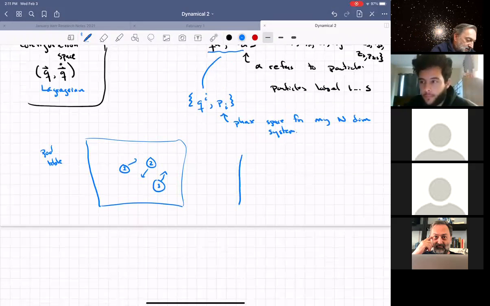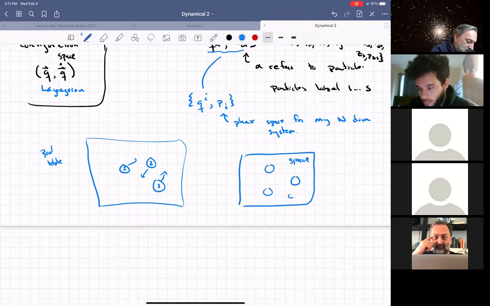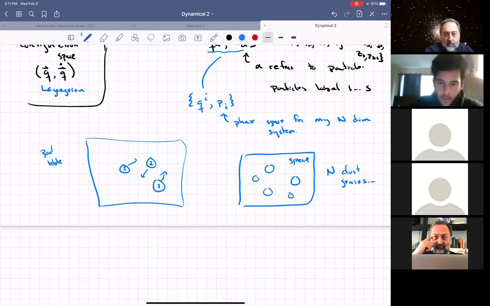The system might be, we might be in space, and we might have some dust grains that are interacting by gravity.